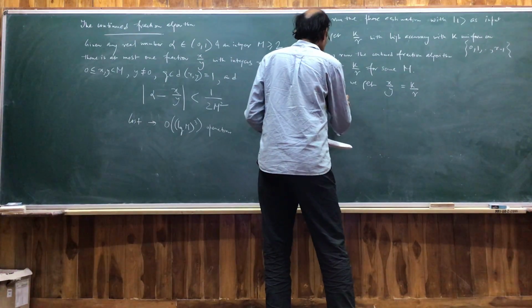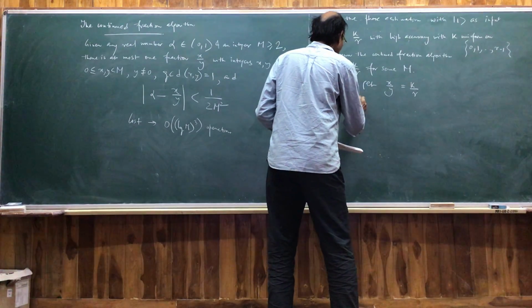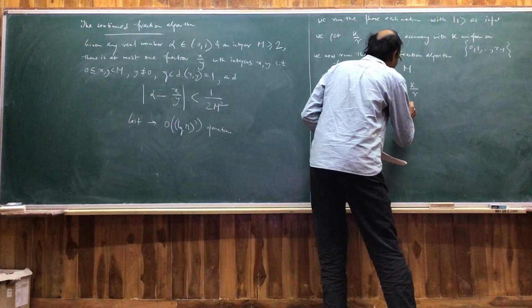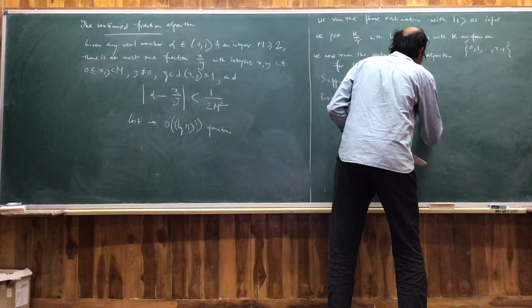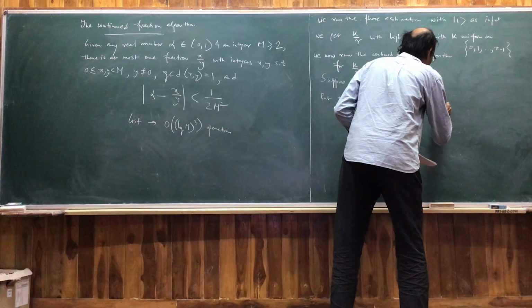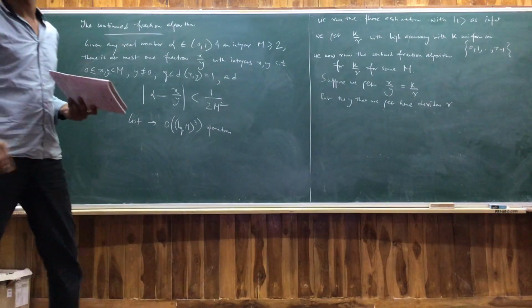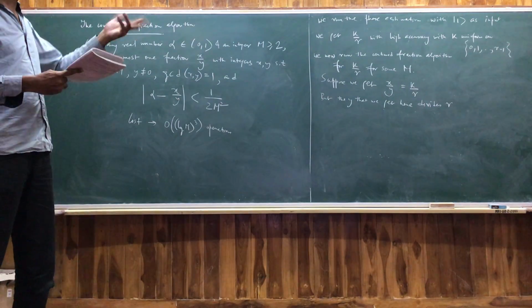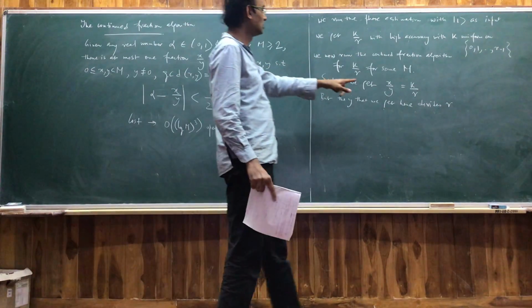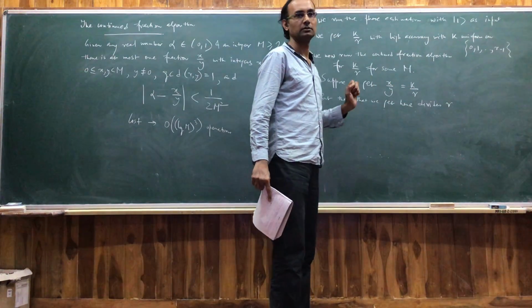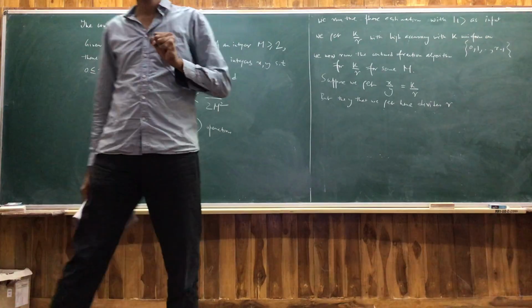But the Y that we get here divides R. We'll get two numbers X and Y. Whatever that Y is, it will divide R. Yes?